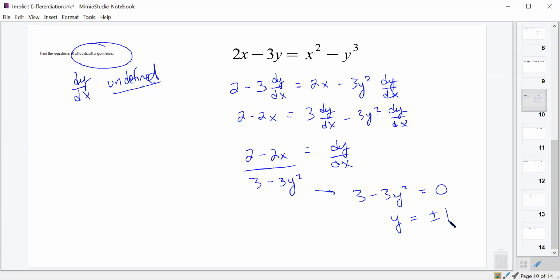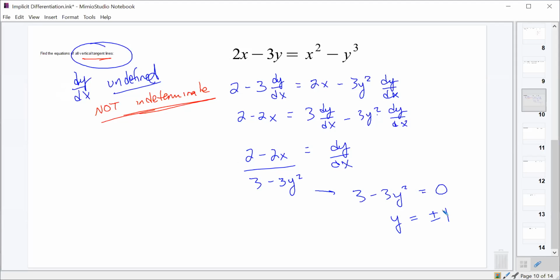Now, there is an important thing that we need to worry about here. If we talk about vertical tangent lines, it means that the derivative is undefined, not indeterminate. It cannot be 0 over 0. It has to be a constant over 0.